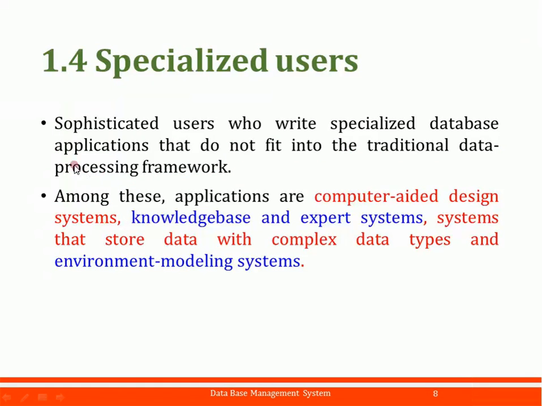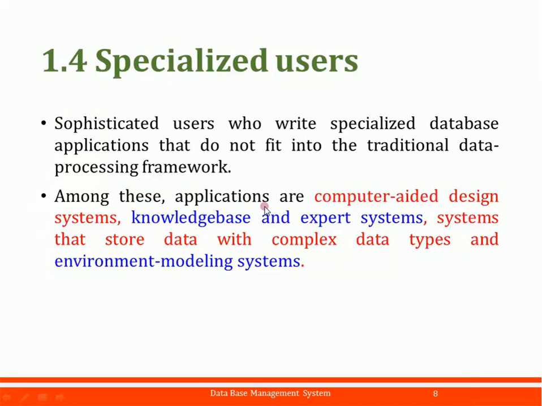The fourth type of database user are the specialized users. The sophisticated users who write specialized database applications that do not fall into the traditional data processing framework are called the specialized users. These people develop applications which are not the traditional ones.